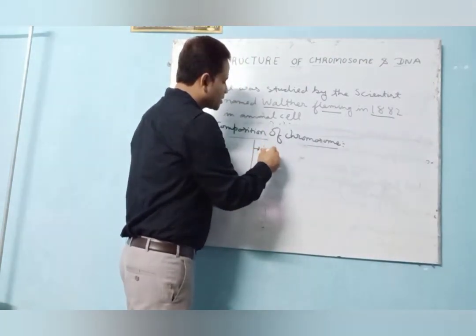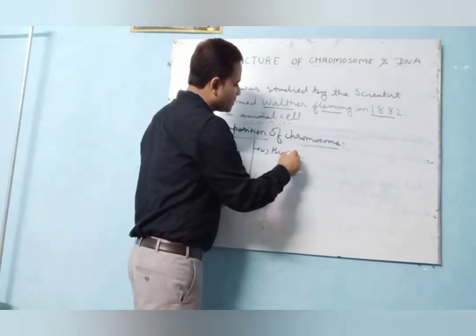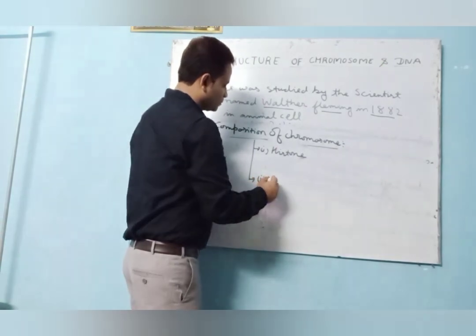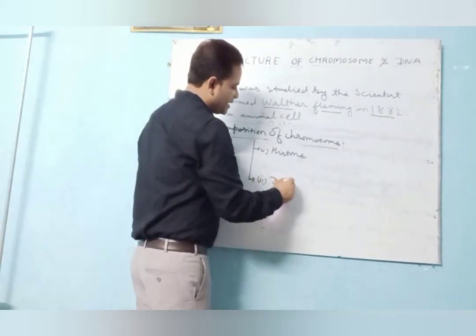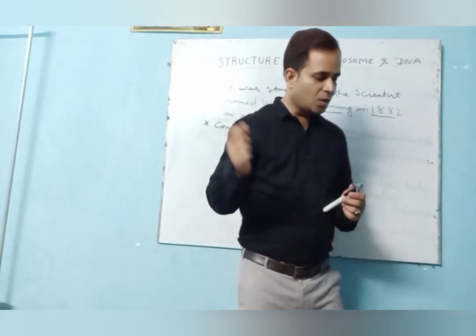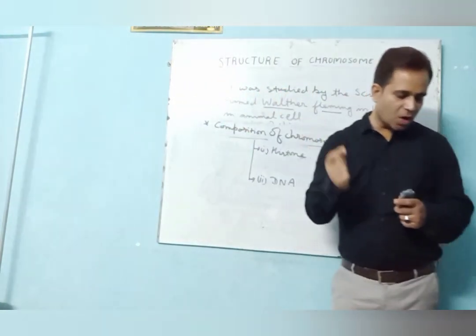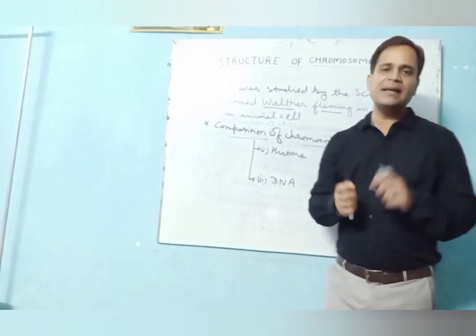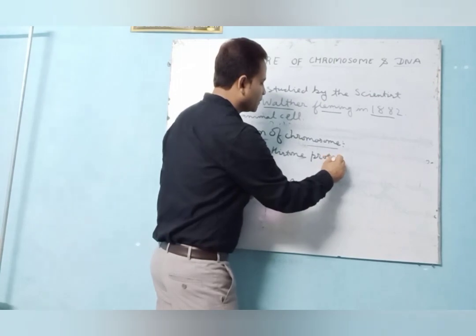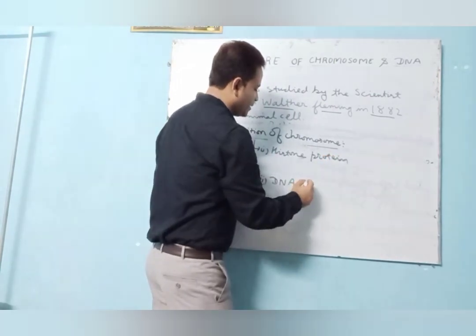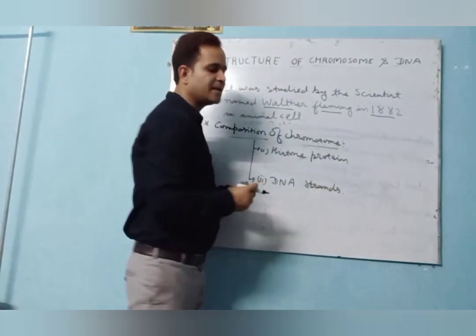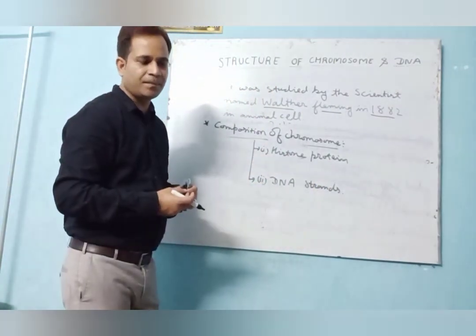One is histone, which is a proteinous substance, and the other is DNA. So histone and what? DNA. Here I am saying histone is a protein, and DNA strands having a double helical structure.